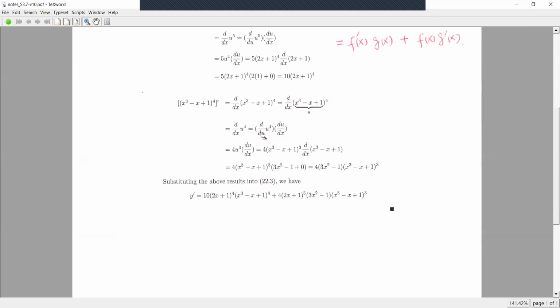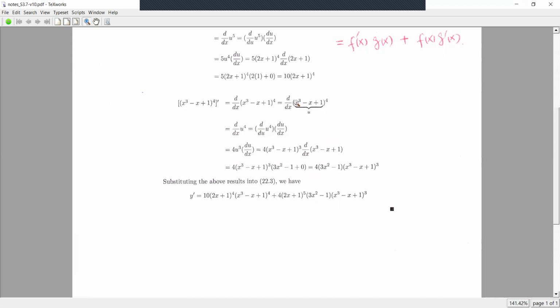Insert du to the bottom and du to the top. Then this derivative is equal to this derivative times this derivative. The first derivative is the derivative of u to the fourth with respect to u. It is 4 times u to the third.